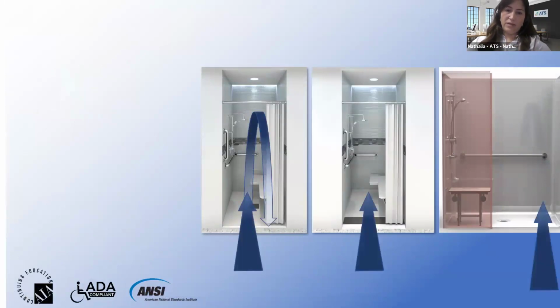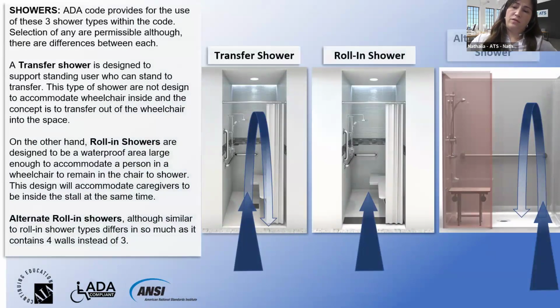ADA basically requires the use of one of these 3 shower types. We have the transfer shower, which is designed for when the user can stand to transfer to the shower seat and doesn't need to go in with the wheelchair or a caregiver. The rolling shower is for when the shower needs to accommodate the wheelchair or a caregiver inside the stall the whole time.